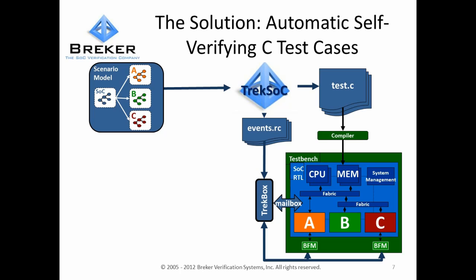So the big question becomes, how do we use these graph-based scenario models to drive the scheduler, which in turn generates all these test cases? So at Breker, when we started out, with the underlying technology that is a graph-based constraint solver. We looked at verification as the world exists today, and we said, okay, for some 20 years now, starting with Vera and now in SystemVerilog and other tools, we have been using so-called SAT-based constraint solver, or a CSP constraint solver.